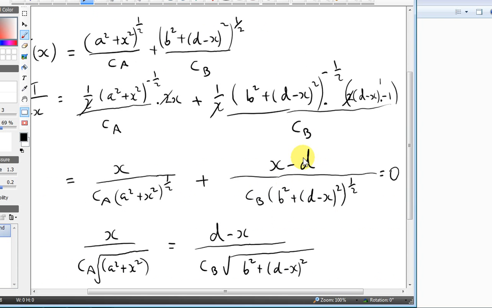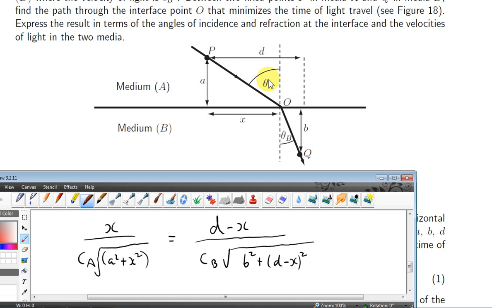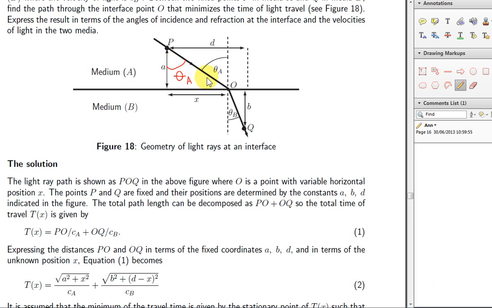We can shift this term over to the right hand side and we just minus what's on top to get d minus x. Let theta A be the angle of incidence of this ray and theta B be the angle of refraction. Notice that this angle here is the same as this angle. These are called z angles because the normal here is perpendicular to the line through P here.